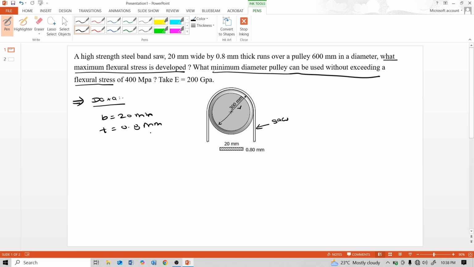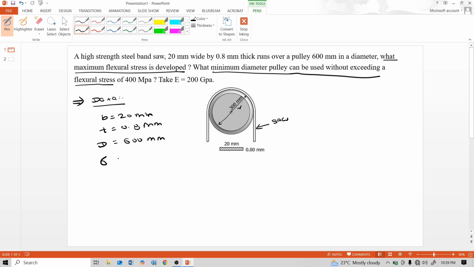It runs over a pulley 600 mm in diameter, so diameter of pulley, capital D, is equal to 600 mm. Flexural stress is denoted as sigma, and the minimum diameter pulley must be used without exceeding a flexural stress of 400 MPa.